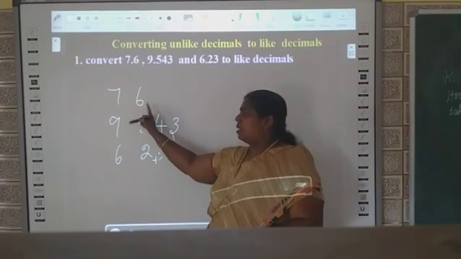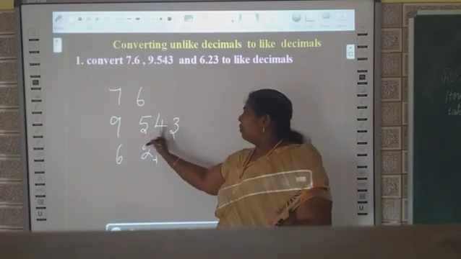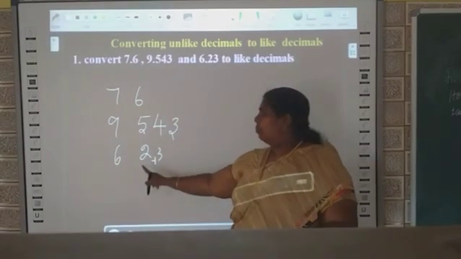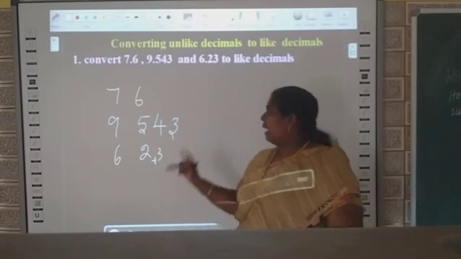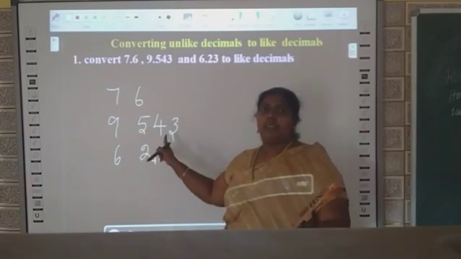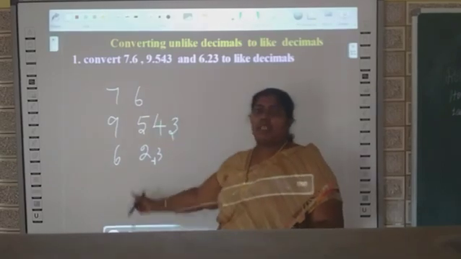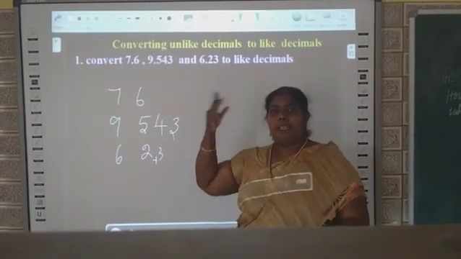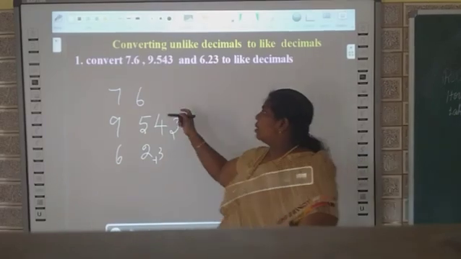Here you can see after the decimal only one number, here after the decimal three numbers, here after the decimal two. So which has the highest? That 543. After the decimal three numbers are there. So we want to make the others three numbers after the decimal as well. So you have to add zeros.